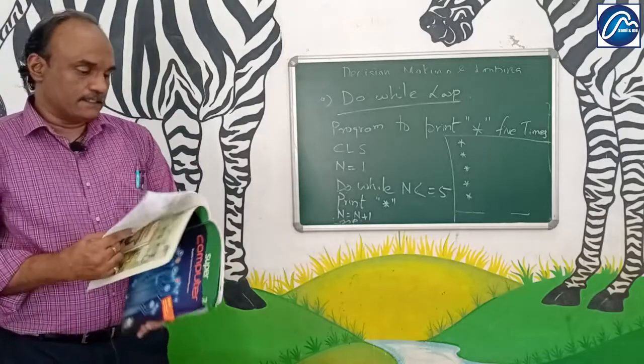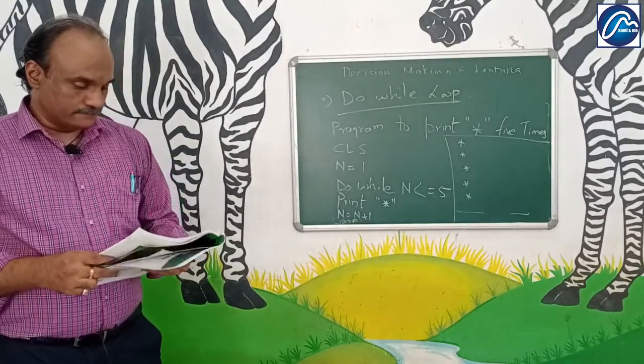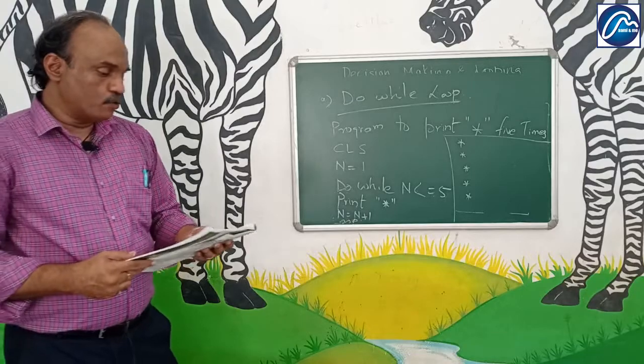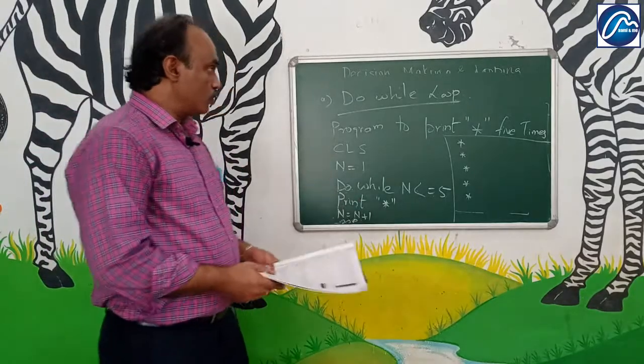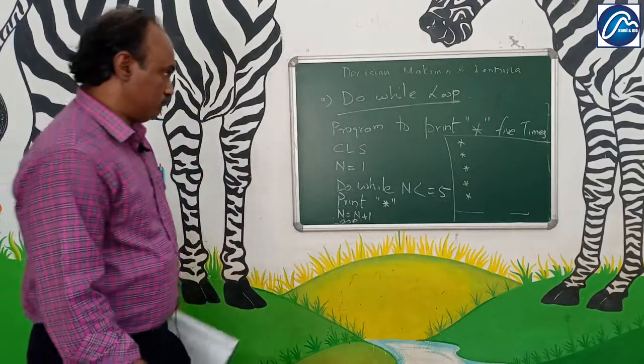Now a second example is also given. I would like to do that. Program to print all even numbers from 0 to 20 using do while loop.